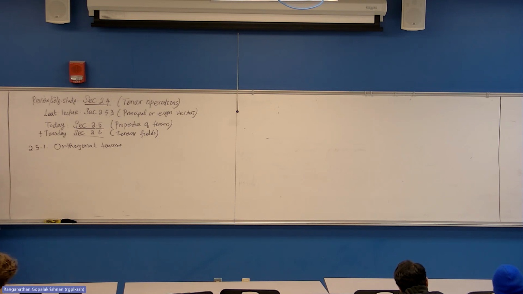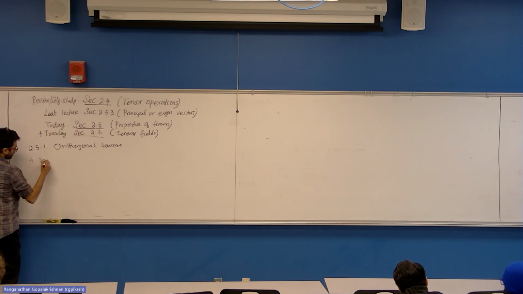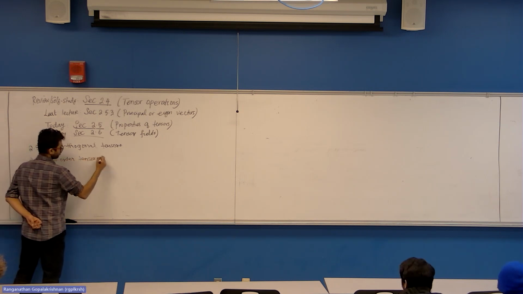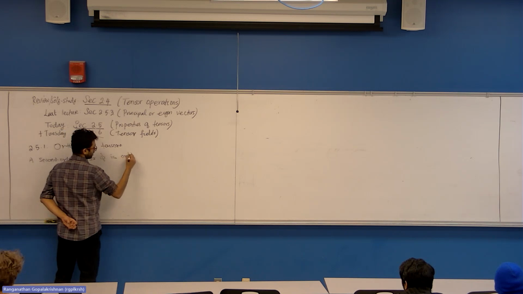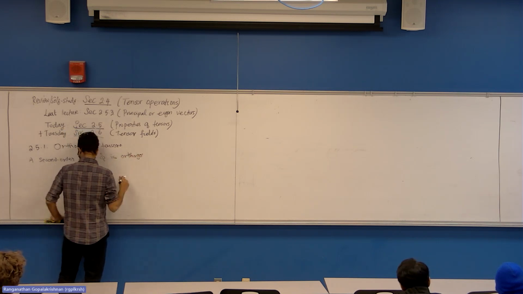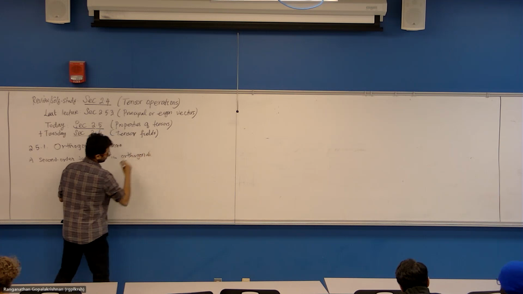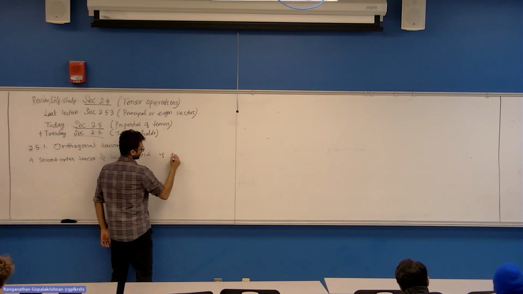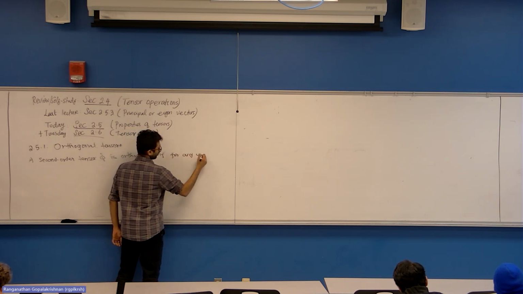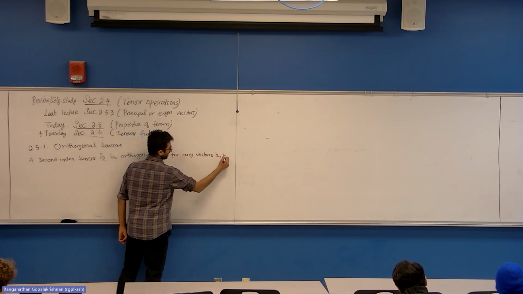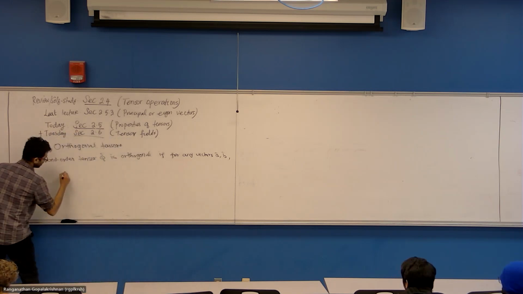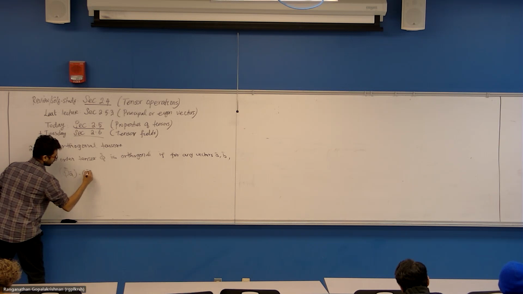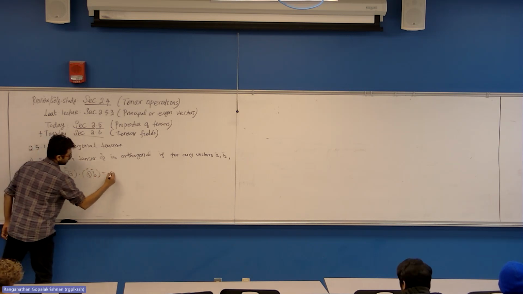A second order tensor Q is orthogonal if for any vectors A and B, QA dot QB is also equal to A dot B.